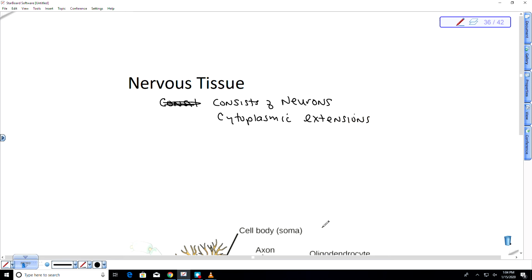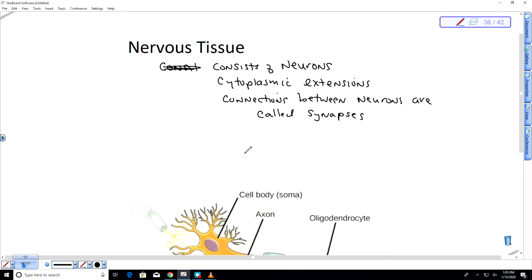And these extensions create connections with other neurons that are called synapses. So this allows for connections between neurons. So for example, when we learn something new, we have synaptogenesis. We have the formation of new neural connections, and that's called synaptogenesis.